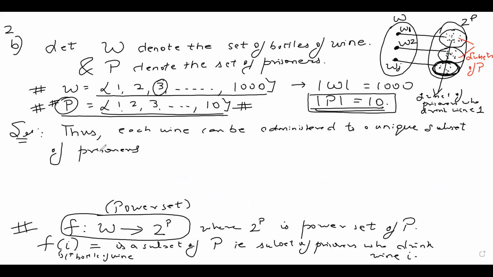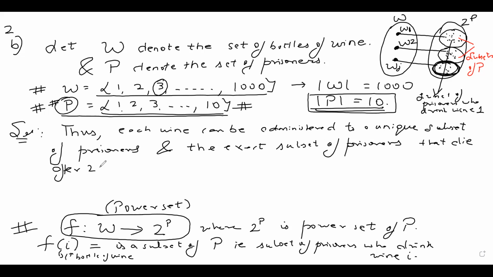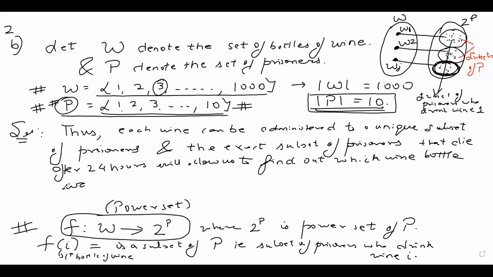Each wine can be administered to a unique subset of prisoners, and the exact subset of prisoners that die after 24 hours will allow us to find out which wine bottle was poisoned.